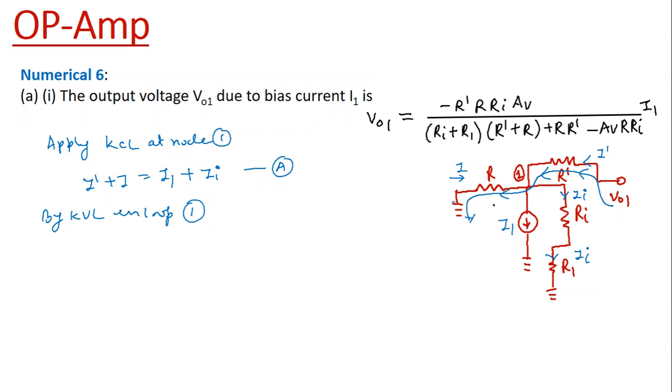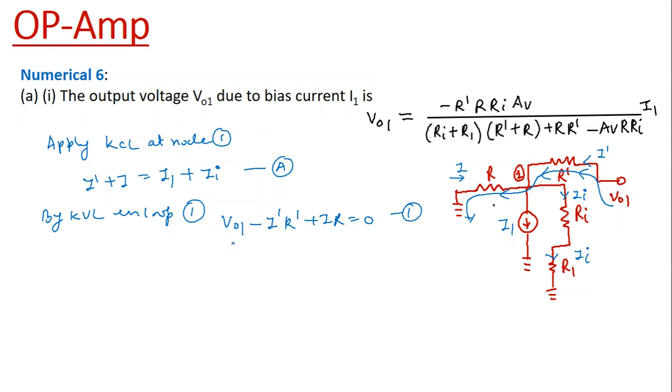So we apply KVL, and we get VO1 minus I dash into R dash plus IR is equal to 0. IR is positive because the current direction is opposite to that of the loop current direction. So this is our equation number 1.